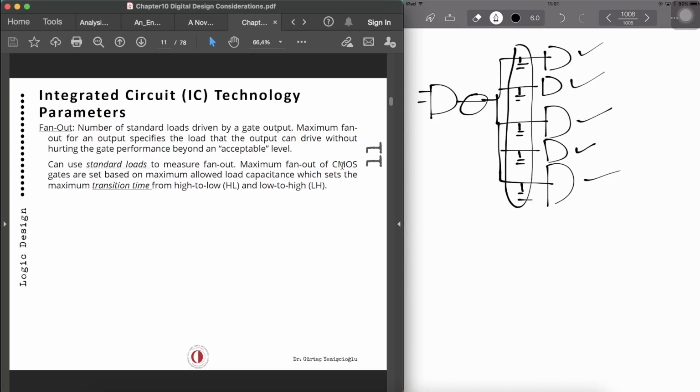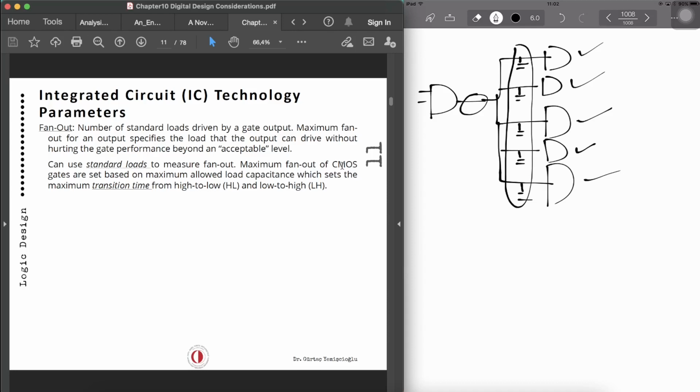So it might cause a problem in a way that your capacitors might not be charged fully in order to get the valid logic level. So fan out is a problem if you are driving a large number of inputs together. So it might hurt the gate performance and it might cause a problem.